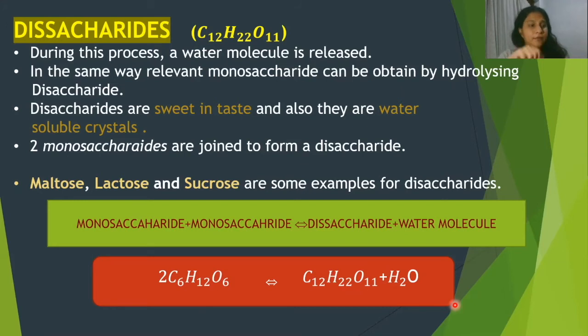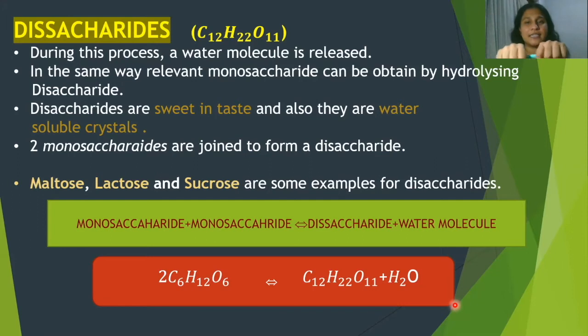It's like this. Now just consider, here's one monosaccharide structure and here's another one. So this connects with this one, here's the bond, and this is the full structure of a disaccharide, right?